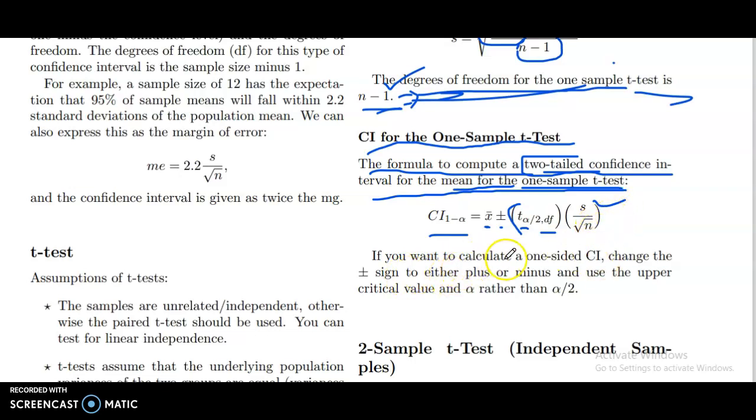If you want to calculate a one-sided CI, change the plus or minus sign to either plus or minus, and use the upper critical value and alpha rather than alpha by 2.